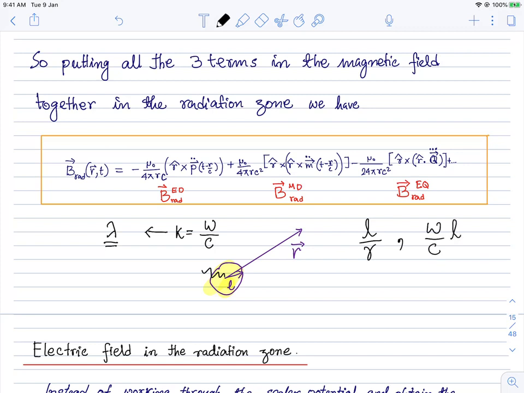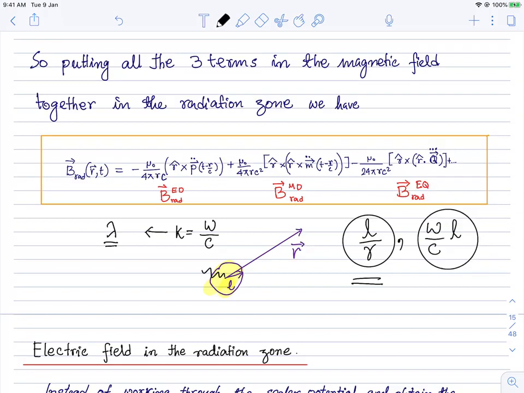Okay, so you see, there are certain terms that are subdominant because this is small. And if you consider the terms that have higher and higher powers, or higher and higher time derivatives of the moments, then this is suppressed by a factor like omega L by c, where L is the typical length scale of the charge distribution. Because we are talking about waves here, or oscillations, this is another typical length scale that we have.